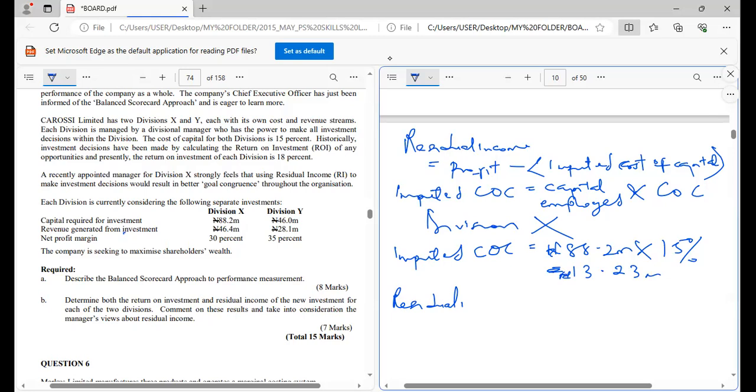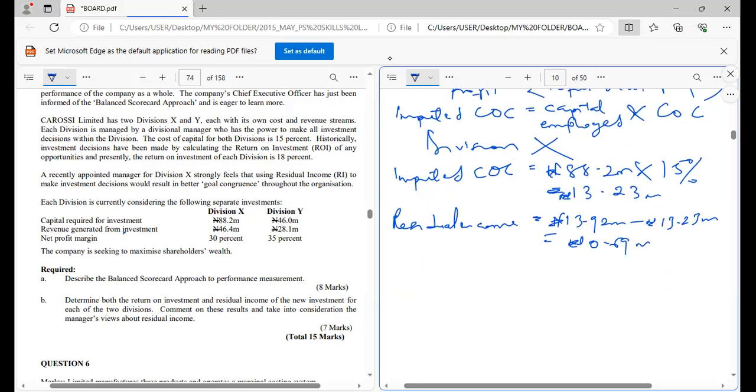So residual income is equal to the profit we derived, 13.92 million, minus 13.23 million. What does that give us? 0.69 million.